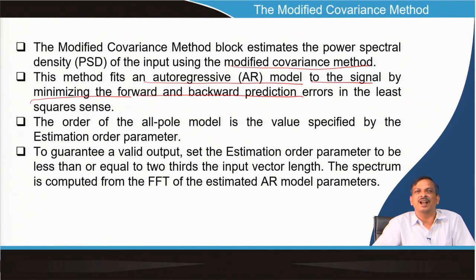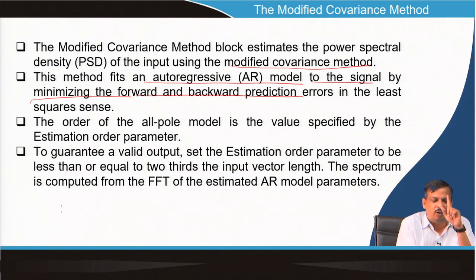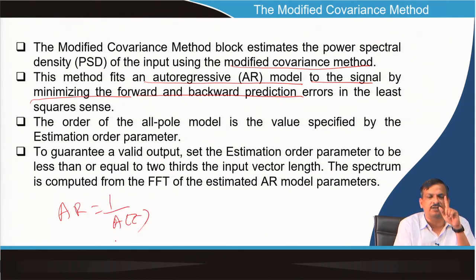What is the meaning? I have already discussed it during the AR model, linear prediction. AR model means only poles are there, 1 over A(z), all pole model, autoregressive model. So, that has a backward prediction and forward prediction.